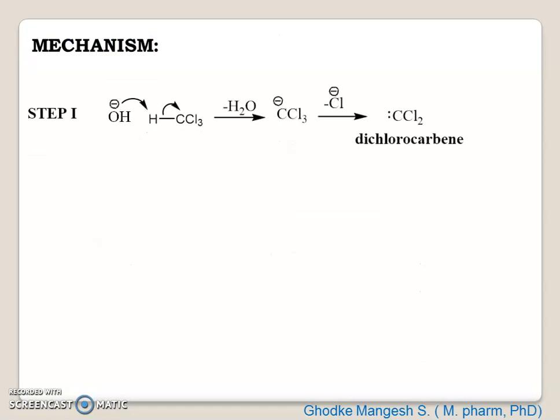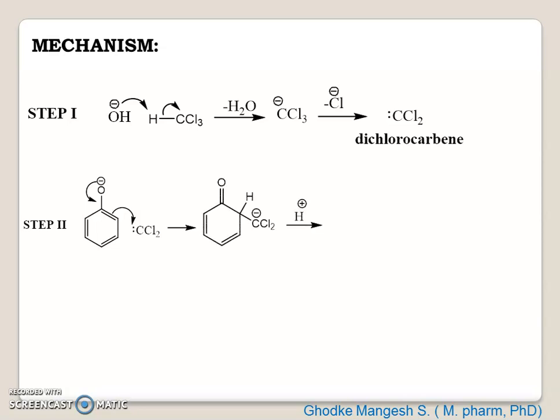Mechanism for this reaction: in step one, chloroform is reacted with base, it will form dichlorocarbene. In step two, dichlorocarbene is reacted with the phenoxide ion. It will give this second intermediate. There is addition of a proton, it will give this intermediate.